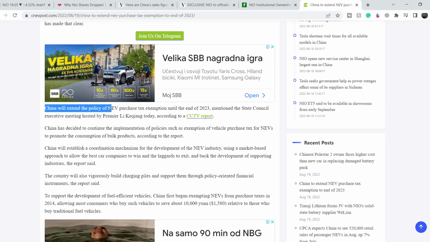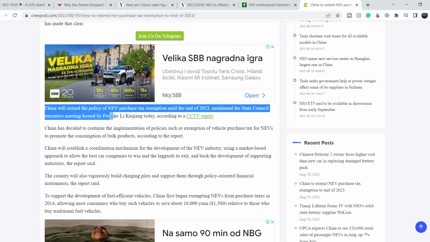China will extend the policy of NEV purchase tax exemption until the end of 2023, mentioned the State Council executive meeting hosted by Premier Li Keqiang today, according to CCTV report. And definitely this tax exemption is very favorable for all EV manufacturers, and it shows the official policy of the Chinese government to increase EV auto sales.